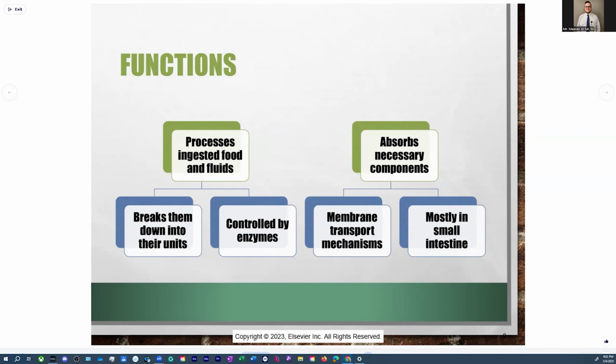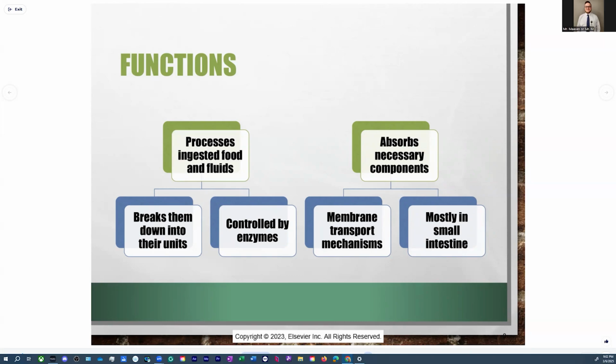So functions, it's really just two, guys. It's going to process food by digestion. All digestion means is taking food and breaking it down into the smallest components so we can utilize it. Those components are only three. There are only three things that make up all the food we eat: protein, fat, or carbs.